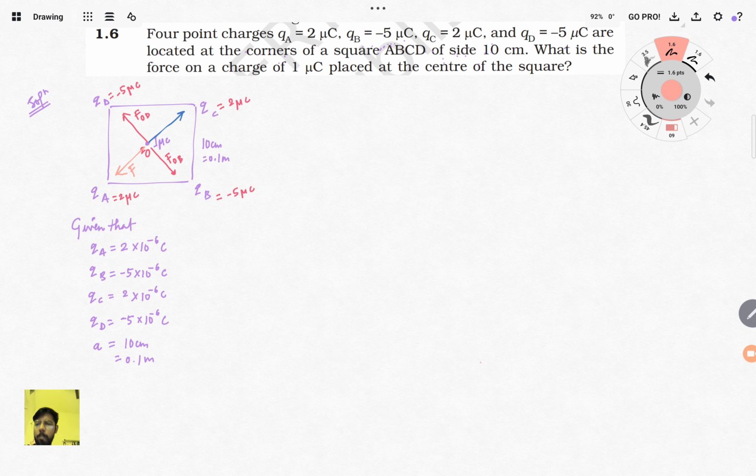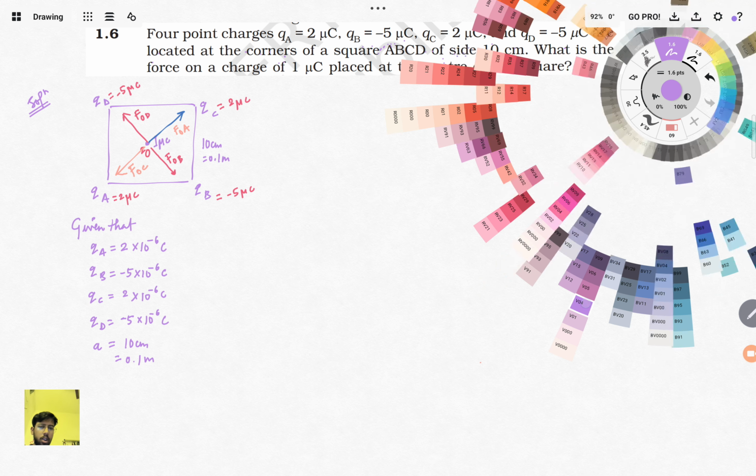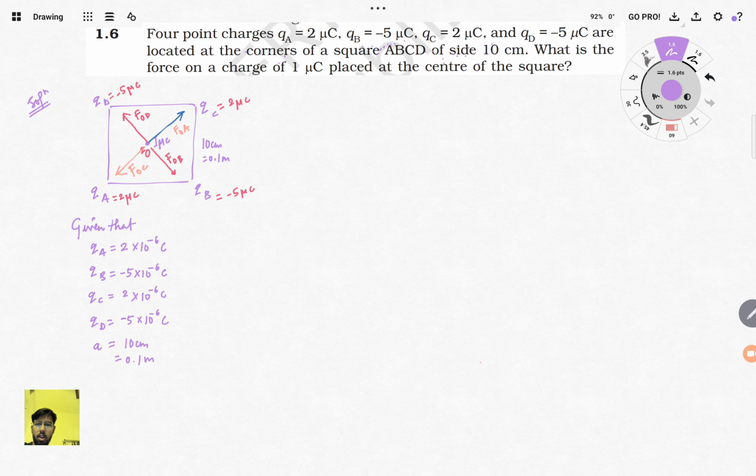This force we can name as force on O due to C, and this force we can name as force on O due to A, right? So first of all, let's calculate the force on O due to D.